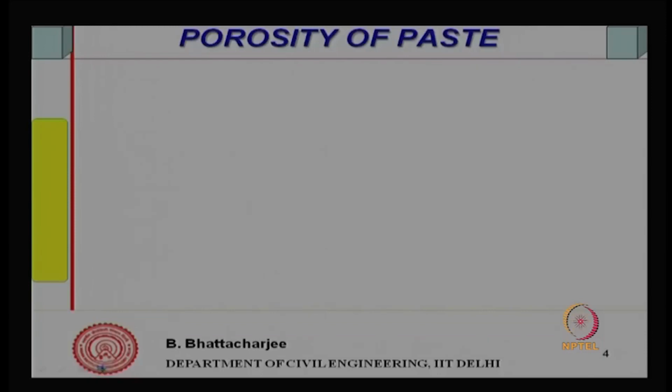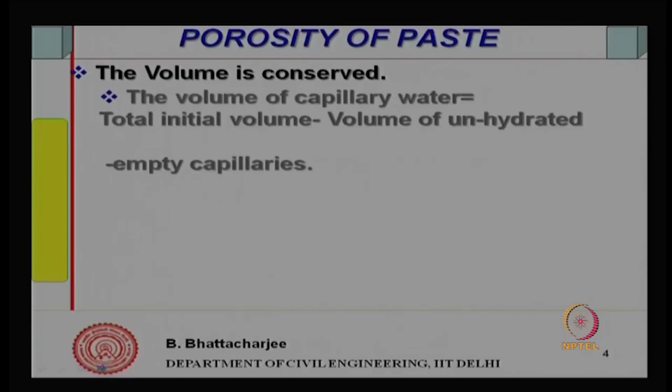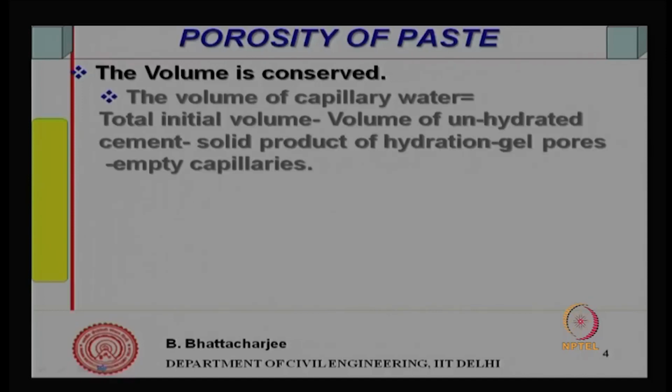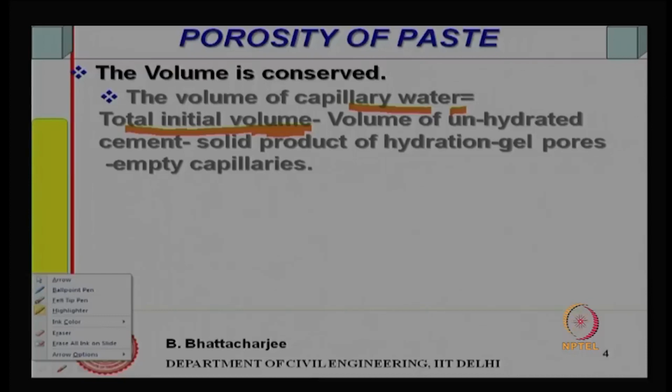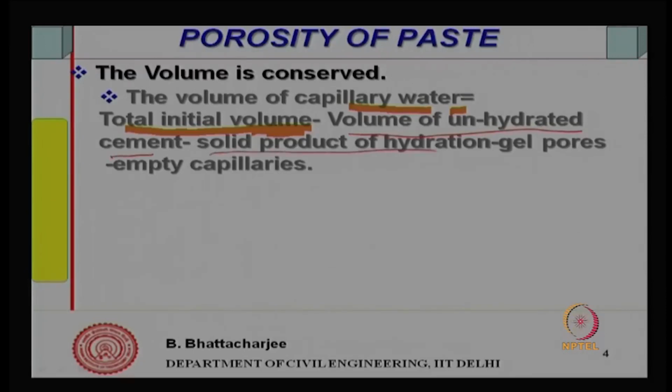So, these two volumes are conserved, and on this basis you shall be able to calculate the volume of capillaries. Because the total volume is conserved, the volume of capillary water is calculated as total initial volume minus volume of unhydrated cement, minus solid product of hydration, minus gel pores and empty capillaries.